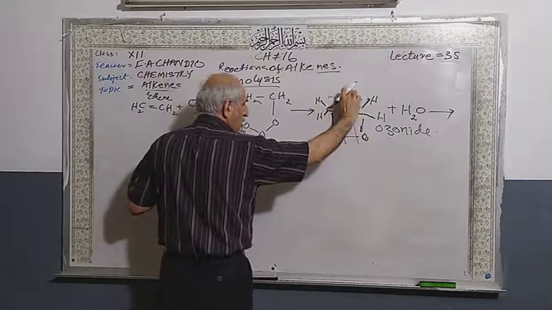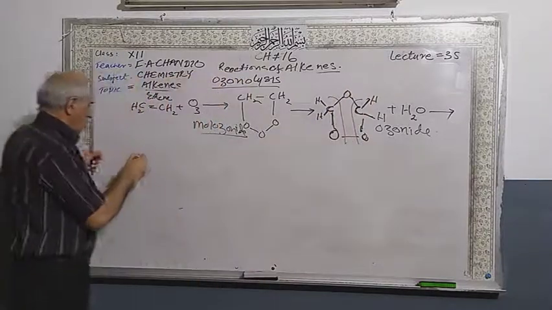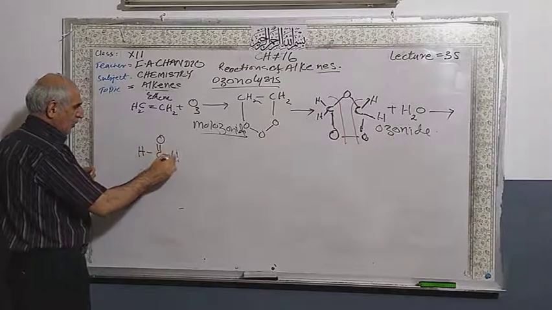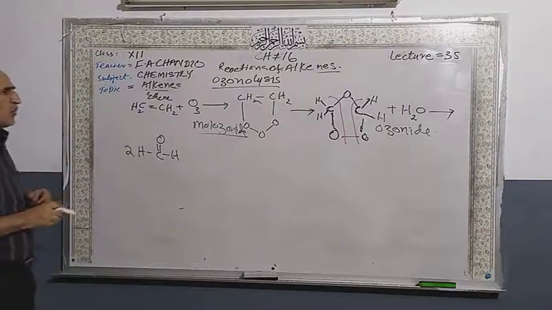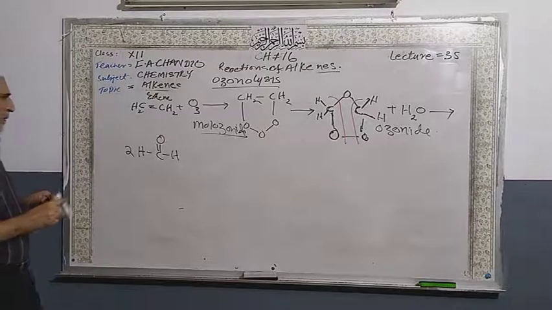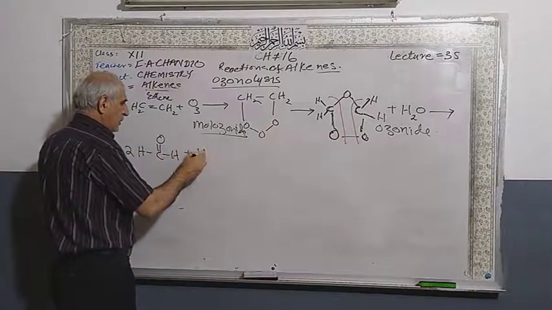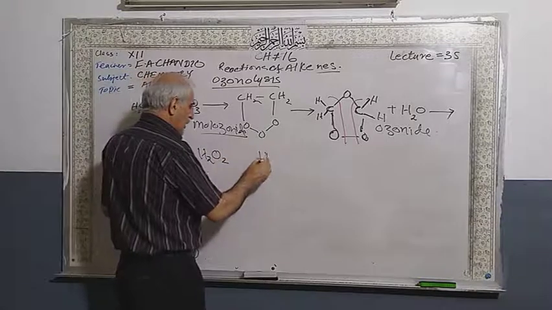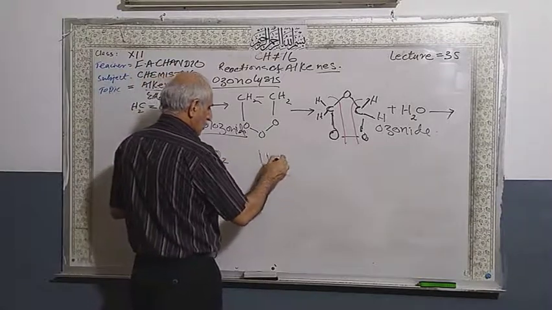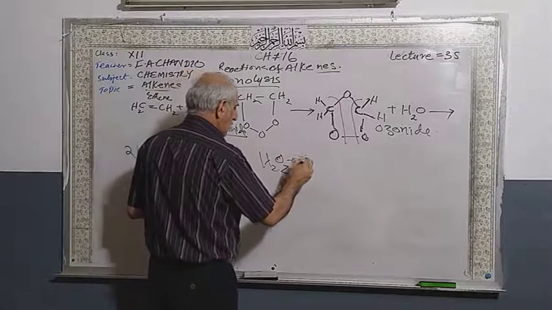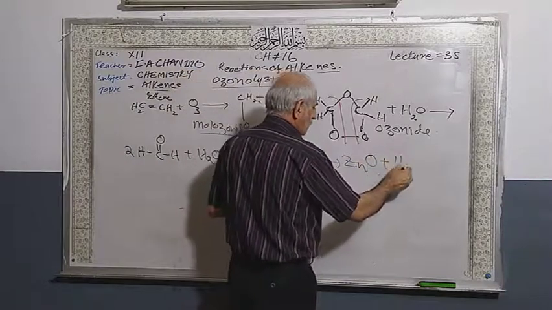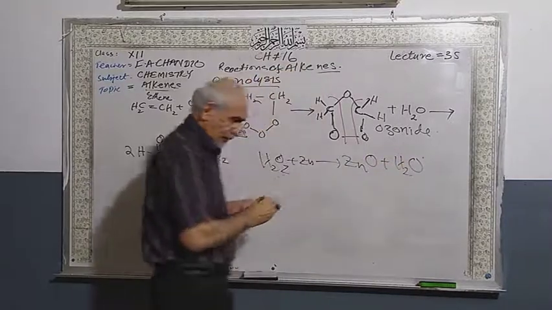Same on the other side: carbon, hydrogen, hydrogen, oxygen. The bond is broken, this oxygen is gone. So students, you will get the aldehyde functional group. We will get two aldehyde molecules and hydrogen peroxide. This hydrogen peroxide reacts with zinc to form zinc oxide and water.